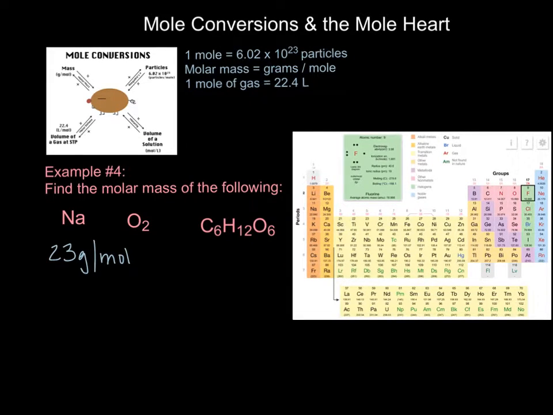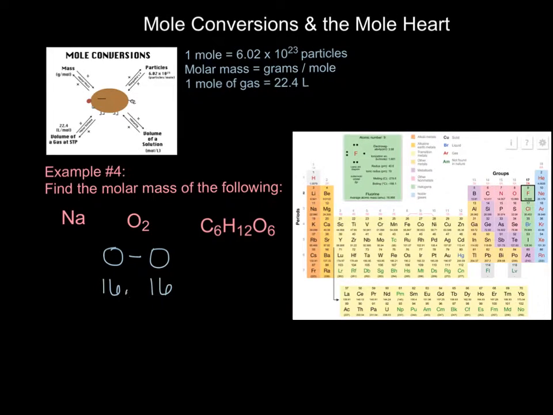So to find my molar mass of oxygen, in that case, I have O2. So I actually have 2 atoms of oxygen bonded together to form a molecule of oxygen gas. And if I look at my periodic table, the atomic mass of oxygen is about 16 AMU, or 16 atomic mass units, which means that the molar mass of 1 atom of oxygen is 16 grams per mole, but I have 2 atoms of oxygen in my molecule.